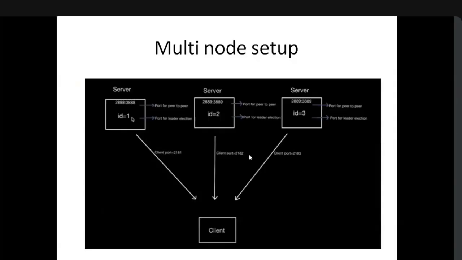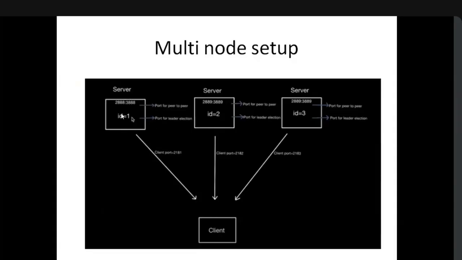So for the second zookeeper server we will give port 2182, and for the third, port 2183. Using these ports, other clients will access these servers. Till here it is clear?